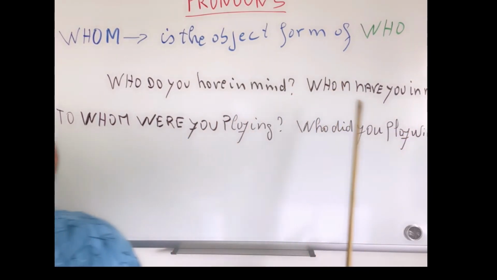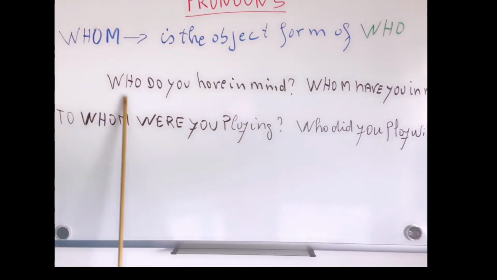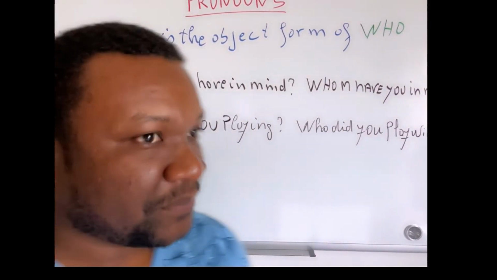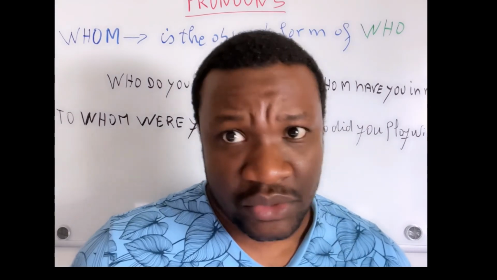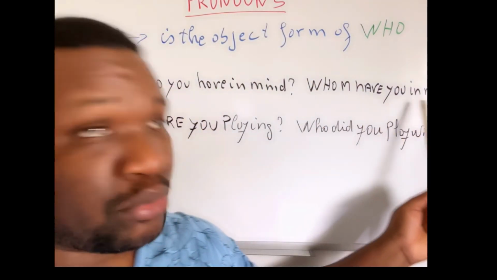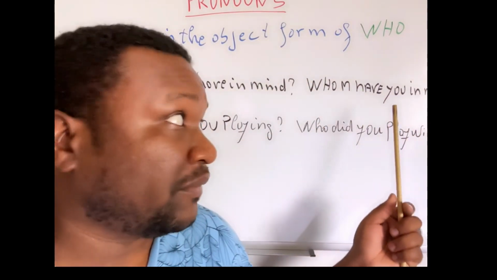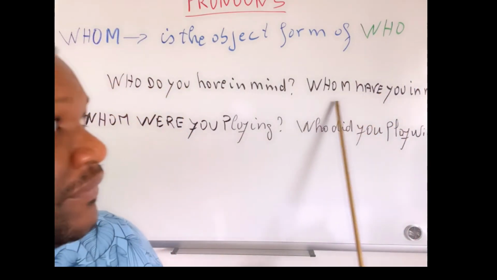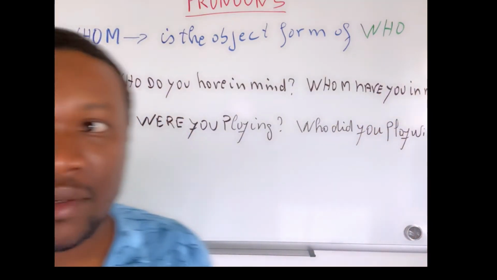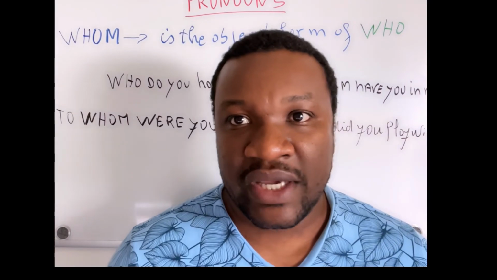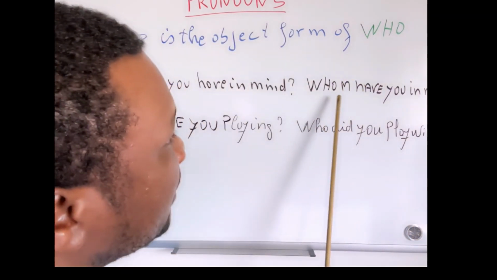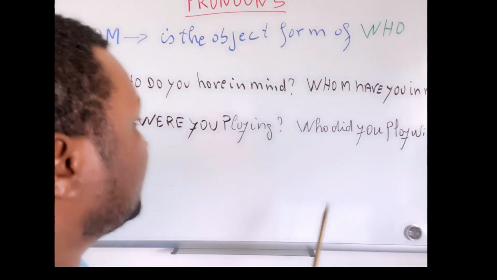That's the formal one. If I'm talking, I can just say who do you have in mind, but if I want to write it down on a paper or a note, that's the proper, formal way. Whom have you in mind?